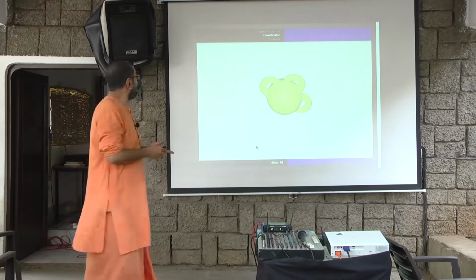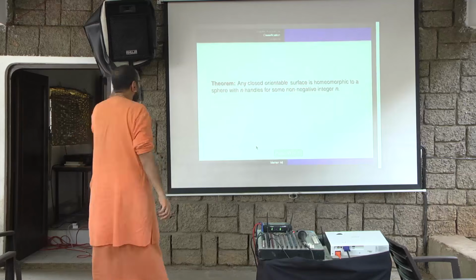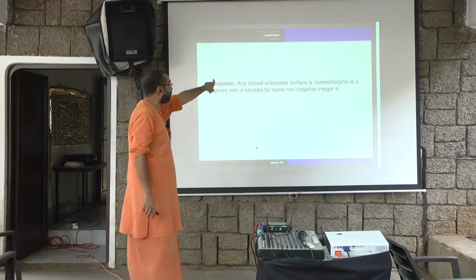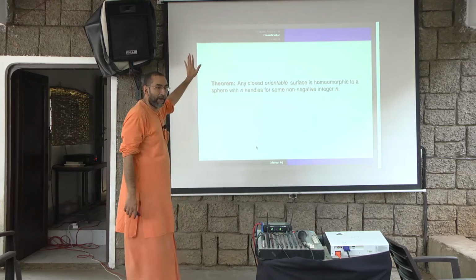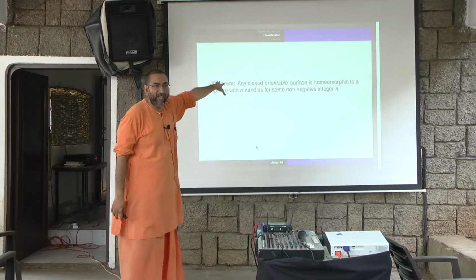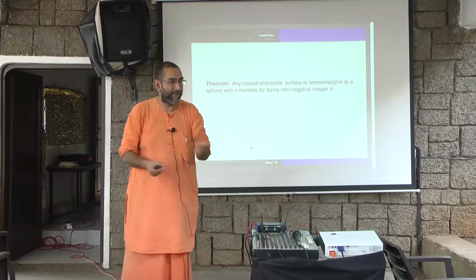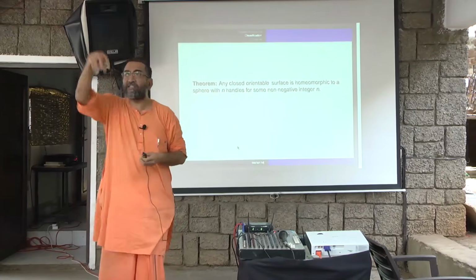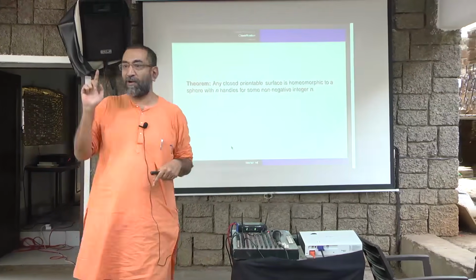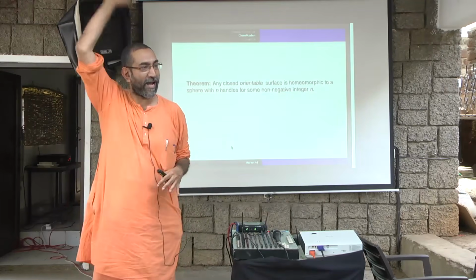So here's the mathematical theorem. Any closed, and I've used one extra word, orientable, surface. I'll say what orientability means. But if you have a surface which closes in on itself, note that the sphere doesn't have a hole sitting anywhere. You have an ant. It does not fall off, as our ancients used to think. If you go by ship on the surface of the earth, at some point you'll fall off the surface of the earth.